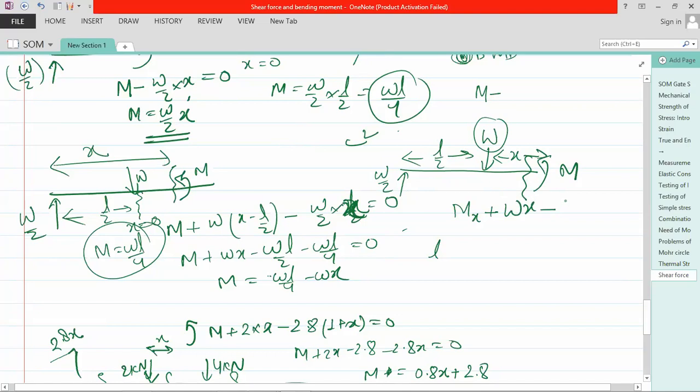So minus W by 2 into L by 2 plus X is equal to 0. Mx plus Wx minus WL by 4 minus W by 2 x is equal to 0.